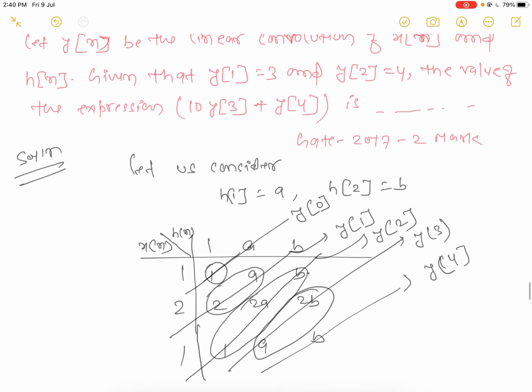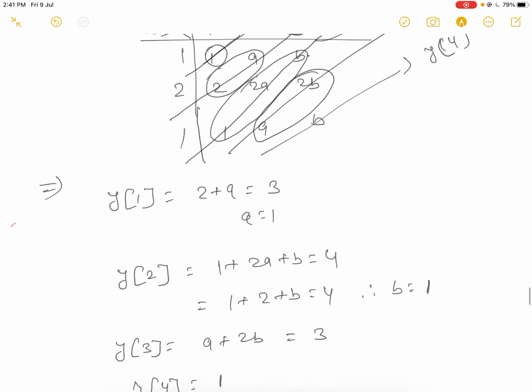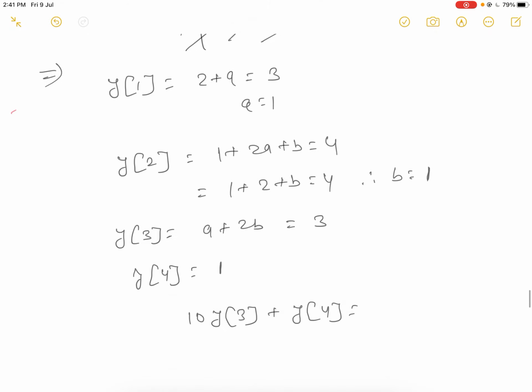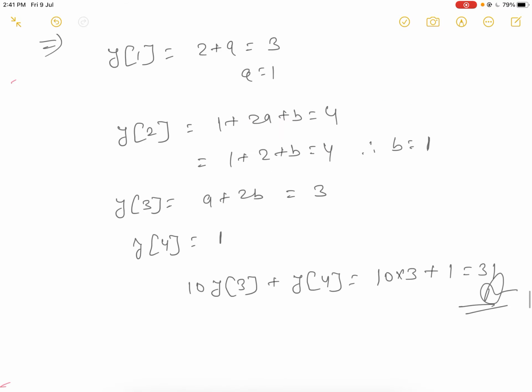Now put it in the expression. We have to find 10 y3 plus y4. Then it will be 10 into 3 plus 1. The answer will be 31. Very simple. Now come to the next question.